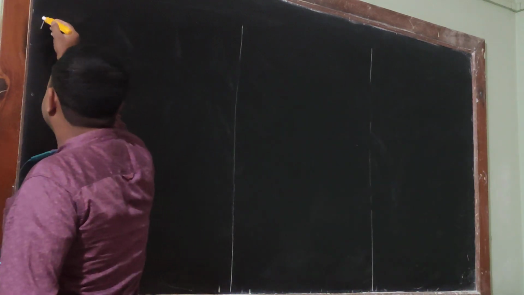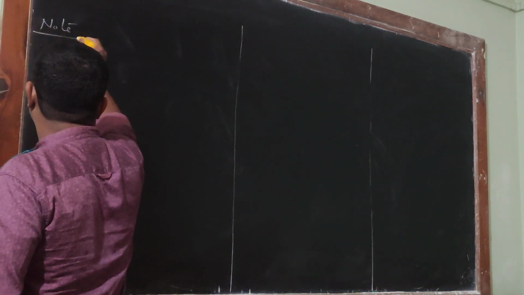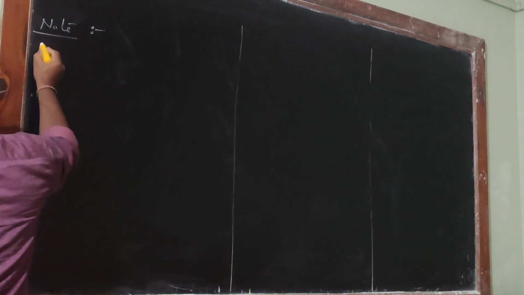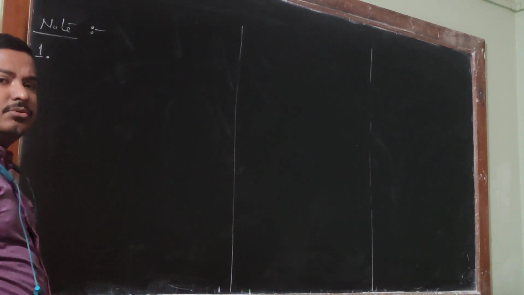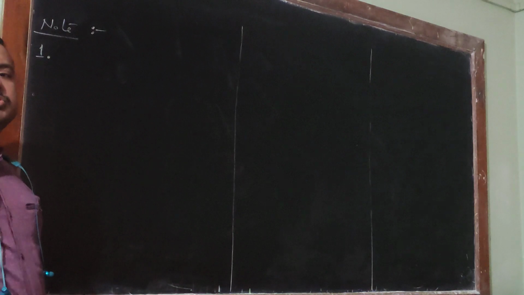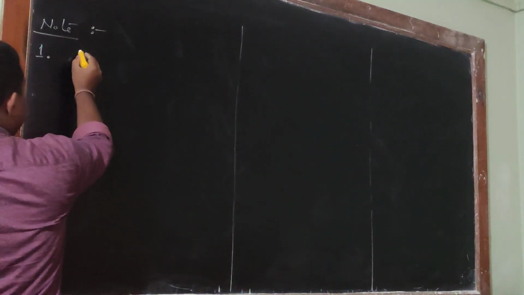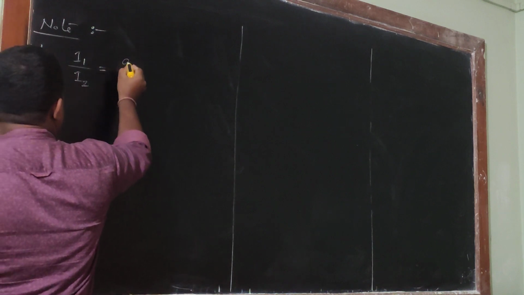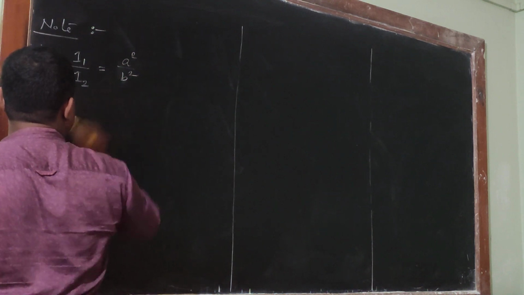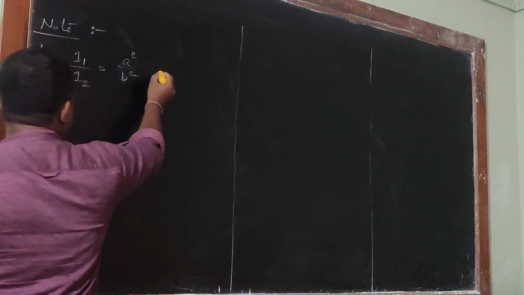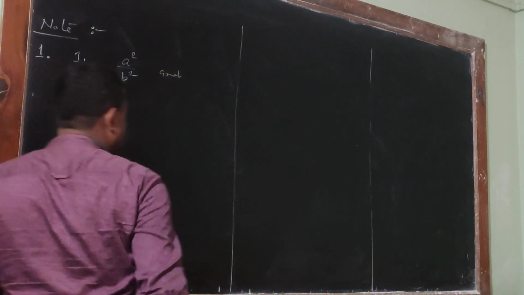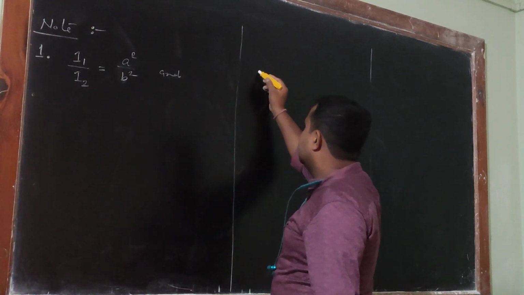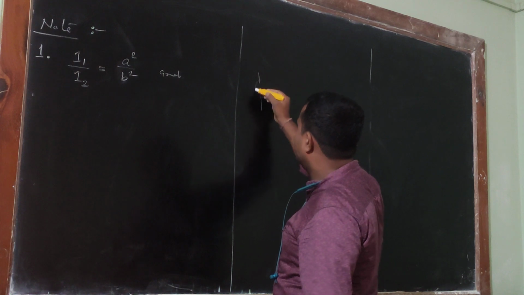Resultant intensity. So you can easily find out the condition of constructive and destructive interference. Here you can note down one point. Firstly, you know, as I have given you, intensity is what? Directly proportional to the square of amplitude. So you can write I1 by I2 is equal to what? A square by B square. And as I have told you, the intensity of light passing through the slit depends on width.